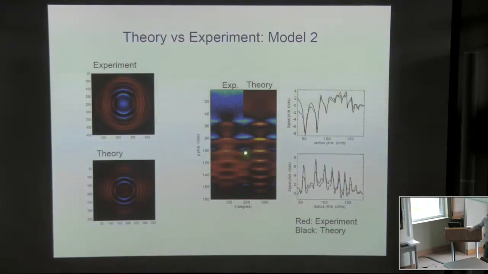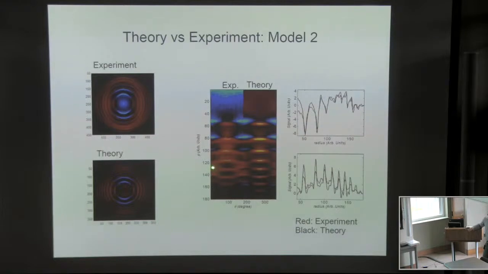So let's have a look now at how theory reproduces this experiment. There's one more thing I should say, which is that what's being measured here is radial distance on the detector, and as you go outwards in the radial distance, that corresponds to increased energy in the photoelectron spectrum.